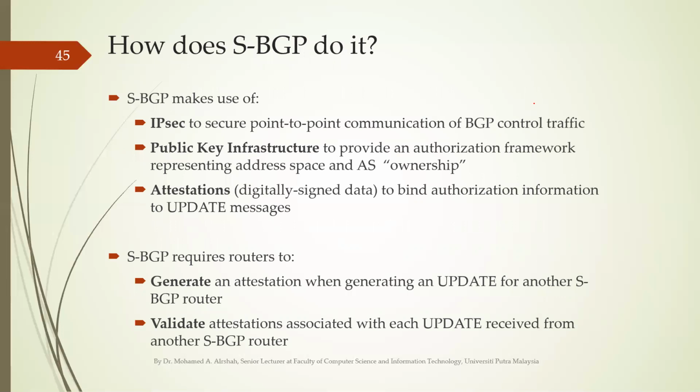How does Secure BGP do it? Secure BGP makes use of IP security. If you remember, last time we talked about IPsec when I gave you IP version 6. For IP version 6, I explained that the security part is already removed from the header. Why?